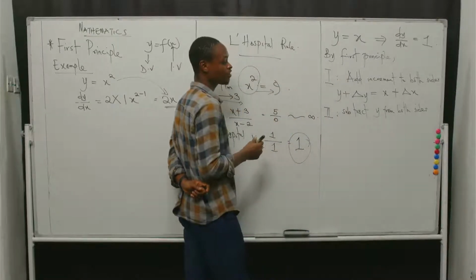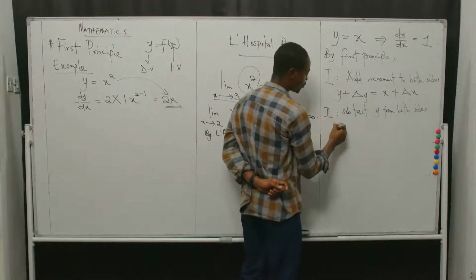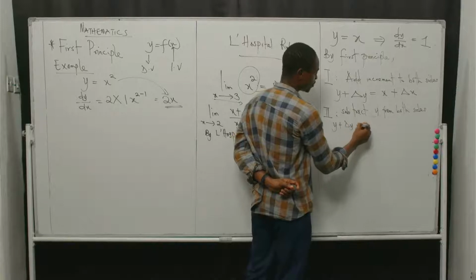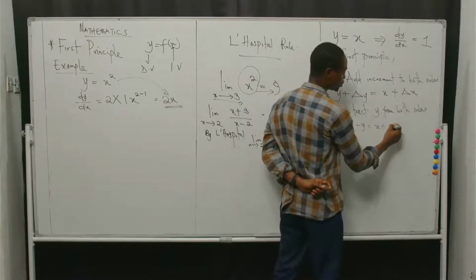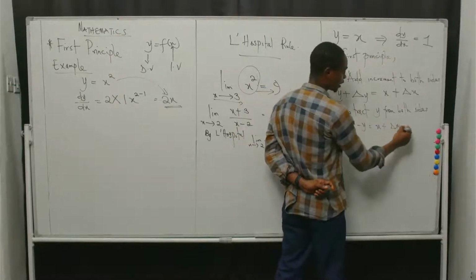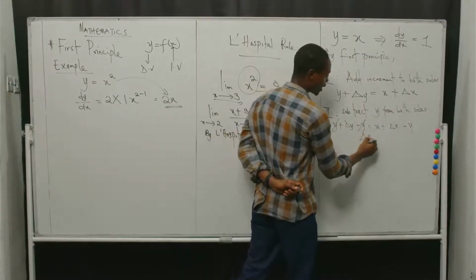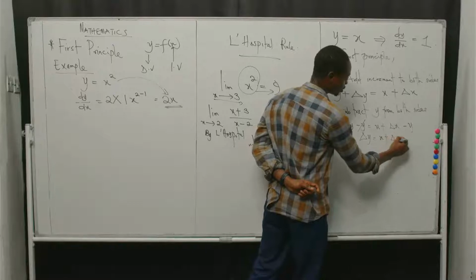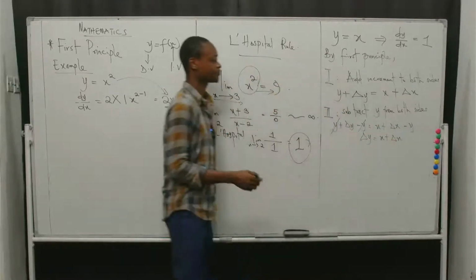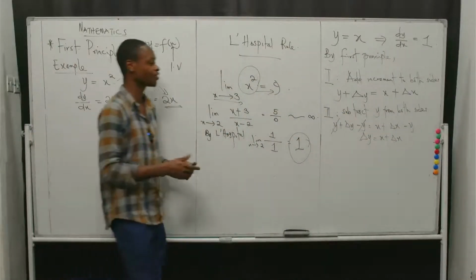So if we subtract y from both sides, here we would have y plus delta y minus y is equal to x plus delta x minus y. Y cancels, so we have delta y is equal to x plus delta x minus y, right? Now we have subtracted y from both sides.